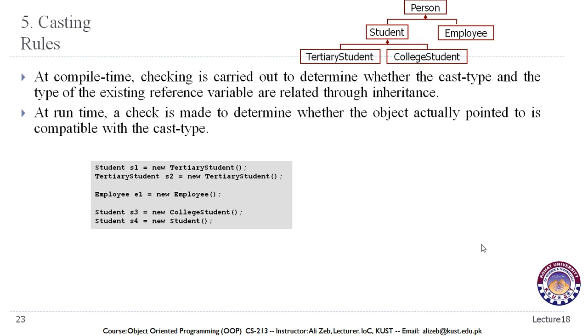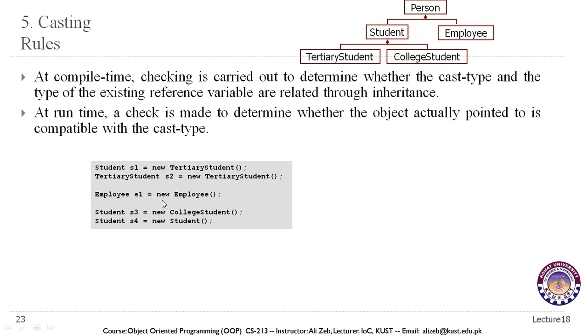So, for example, we have this hierarchy as shown in this graph, and we have declared these objects. Student S1 is an object of this class, that is a subclass of the student class. Now S2 is an object of the tertiary student class. Employee is a subclass of the person class, but is in no direct relationship with any of these other classes.